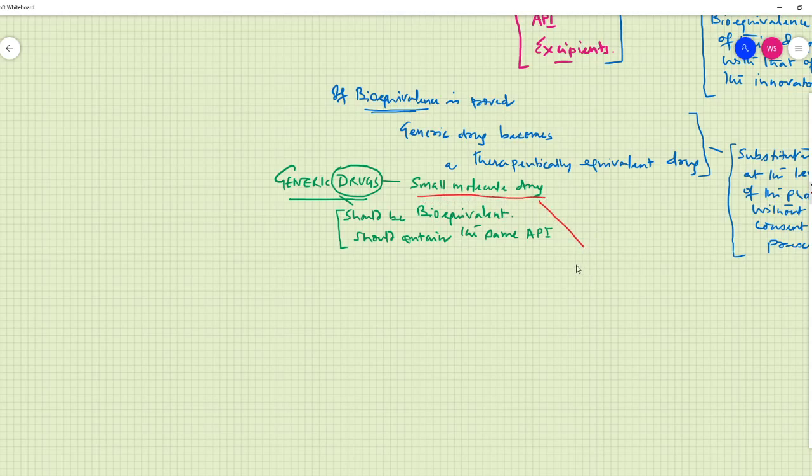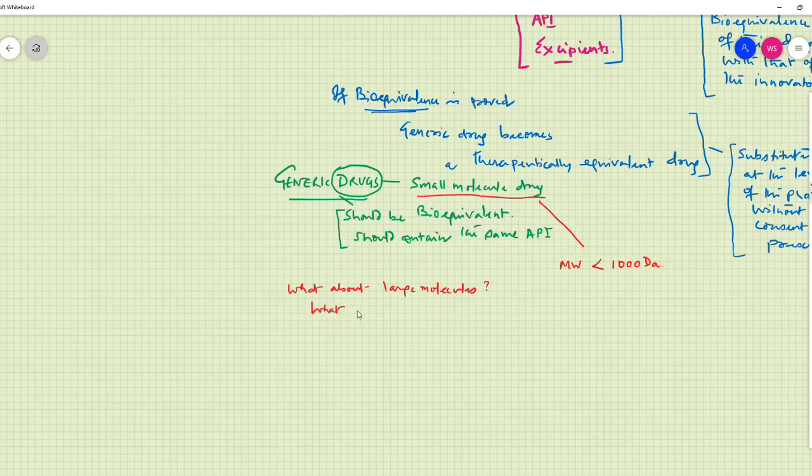So what is a small molecule drug? A small molecule drug has got a molecular weight less than 1000 Dalton. Okay. So now the question is, what about large molecules? Okay, large molecule drugs.